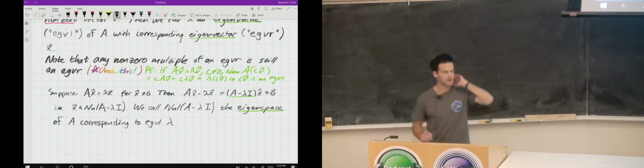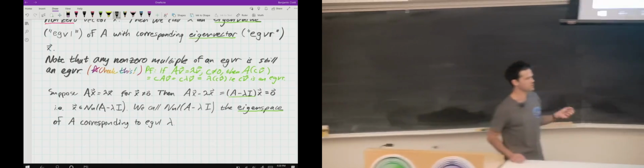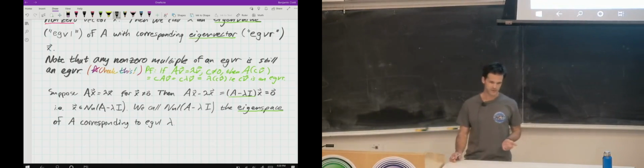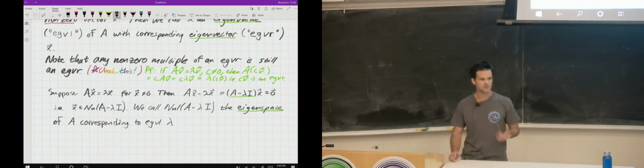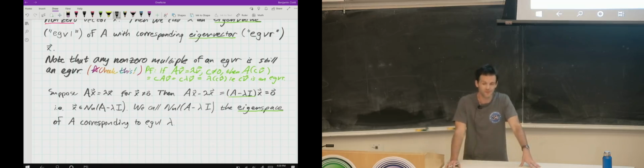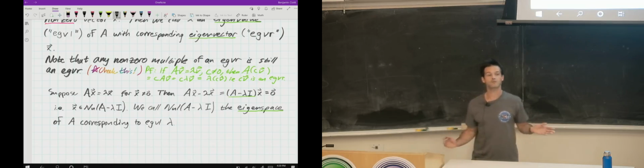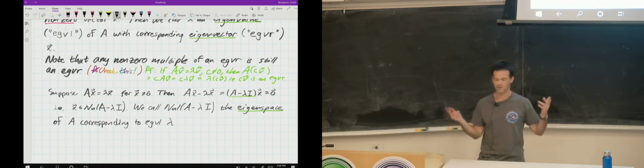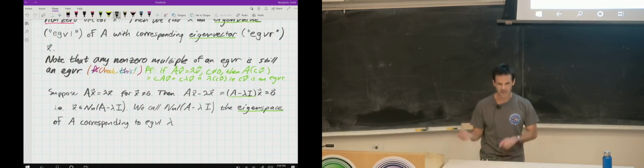So we learned when we studied the invertible matrix theorem, remember there's an equivalent condition to having a non-trivial null space. Maybe you remember one of our conditions: a matrix is invertible if and only if its null space is trivial.